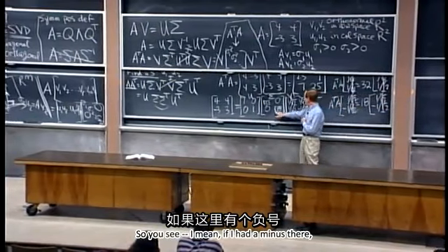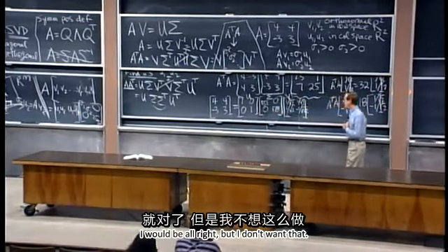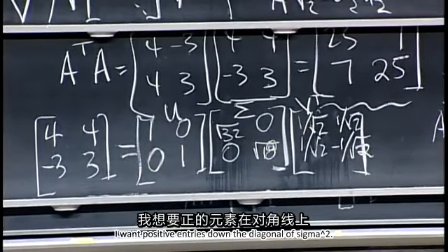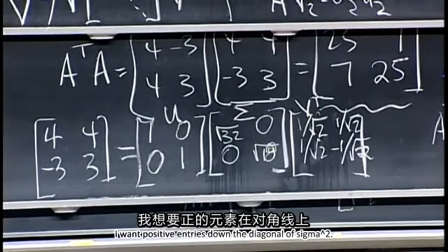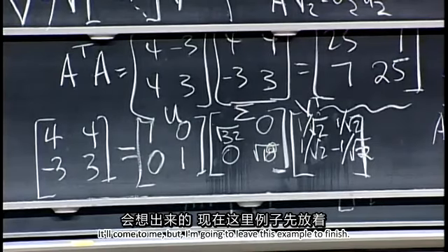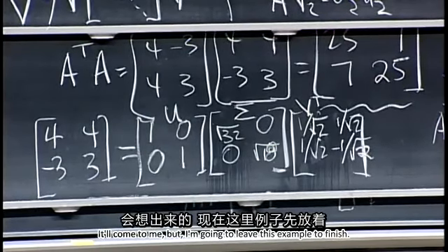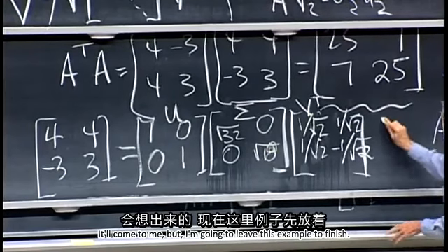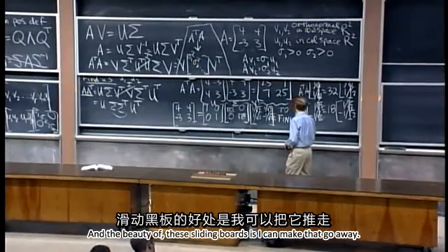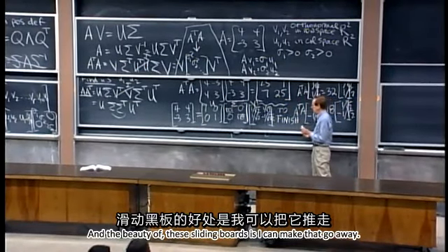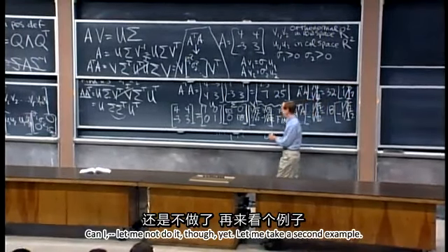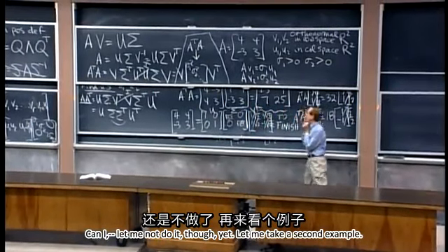So you see, if I had a minus there, I would be all right, but I don't want that. I want positive entries down the diagonal of sigma squared. Okay, it'll come to me, but I'm going to leave this example to finish. Okay. And the beauty of these sliding boards is I can make that go away. Let me not do it, though, yet.